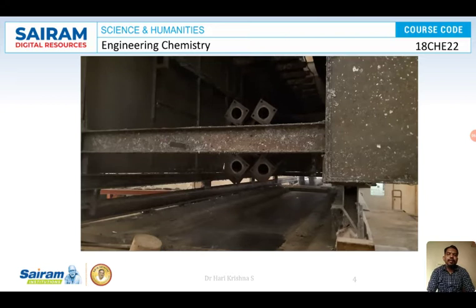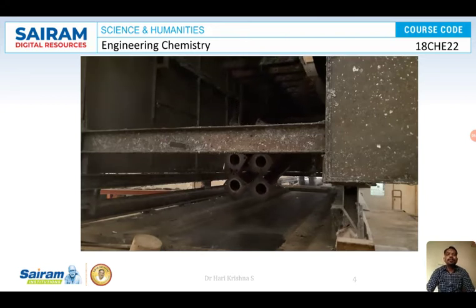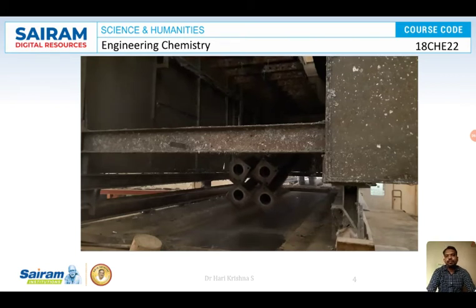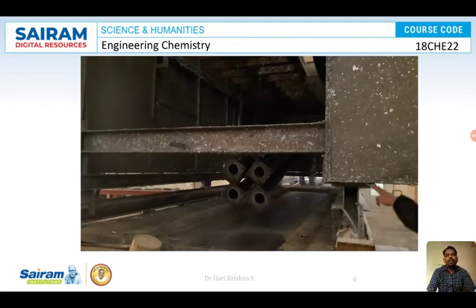Iron poles will be dipped into zinc. You can see how it is dipped. It's dipped in molten zinc. So it is dipped, it is called the hot dipping process.